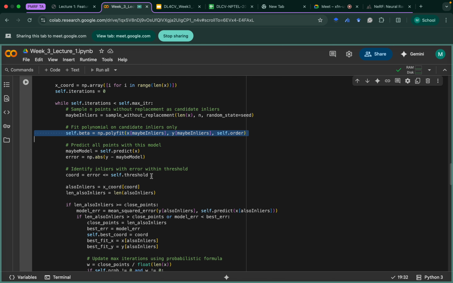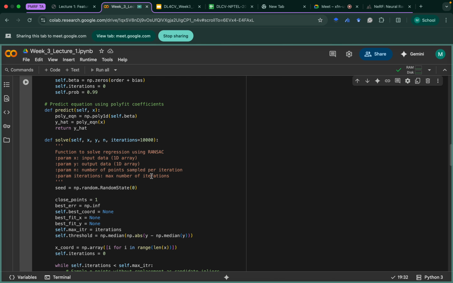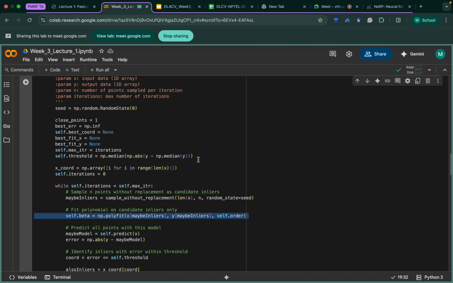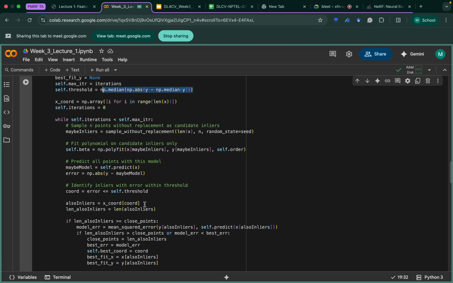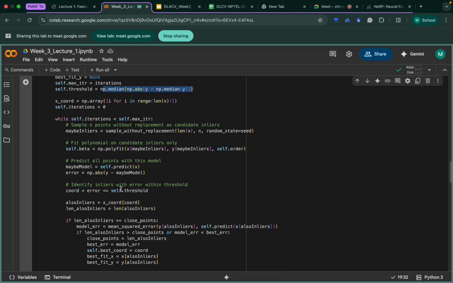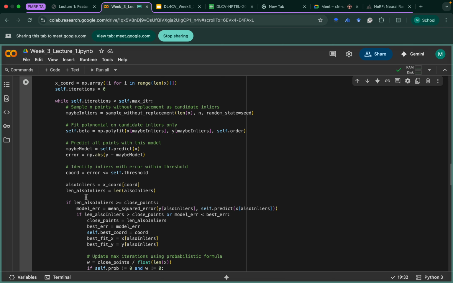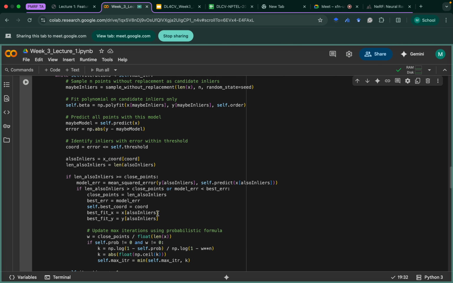If I set some small threshold, what is the threshold they set? Yeah, some heuristic they've used here, but anyway, you use a threshold, and if that error is lesser than the threshold, then we call it an inlier point, and we see how many inliers are there.